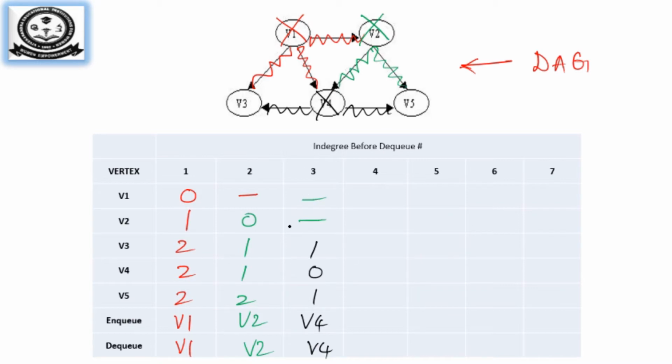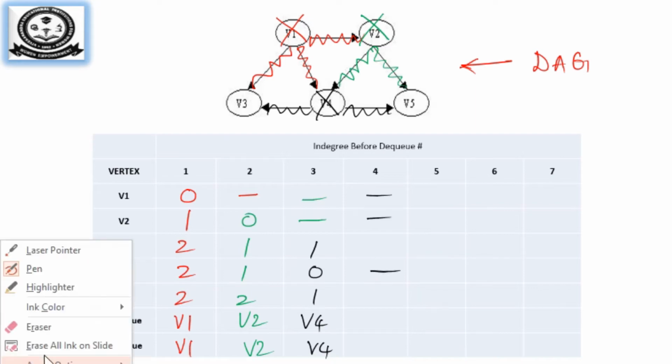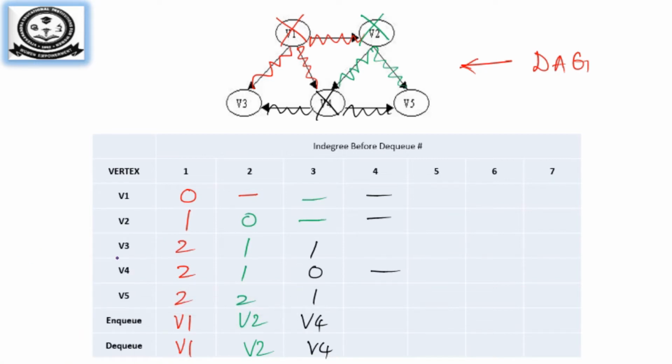So what happens, you can see V1 is removed, V2 is removed and V4 is removed. Now we have to update the values. So V3 will be 0 here and V5 will be 0 here.